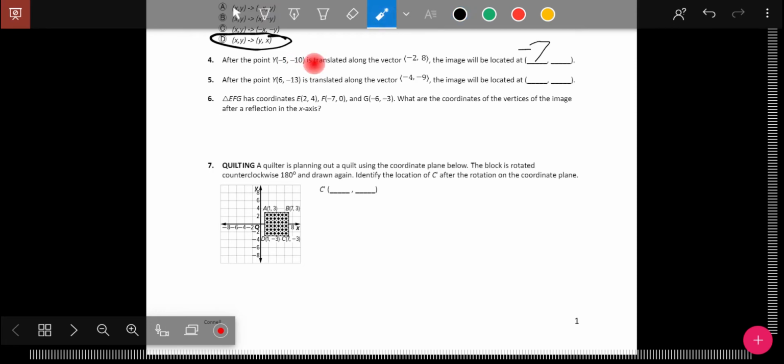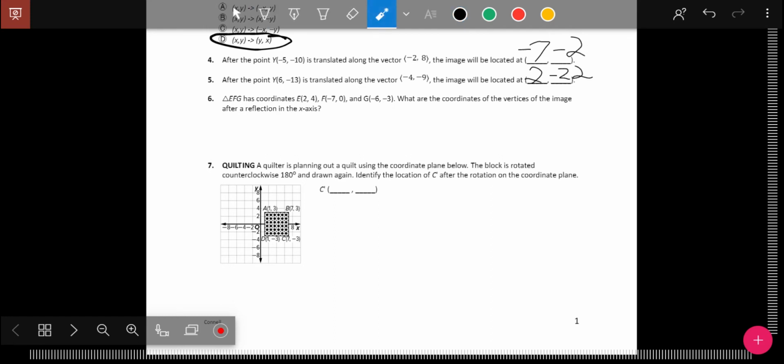And then -10 plus 8 makes -2. For the next one, you do the same thing. 6 plus -4 makes 2. And -13 minus 9, or -13 plus -9, makes -22.